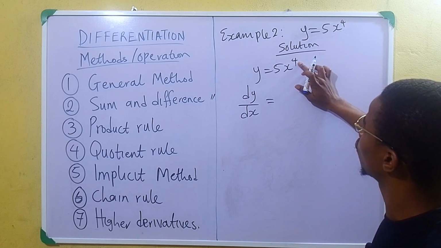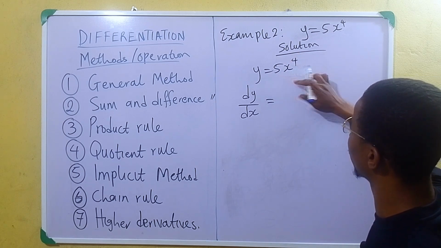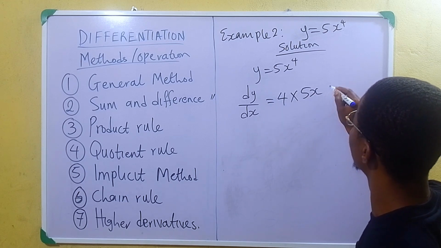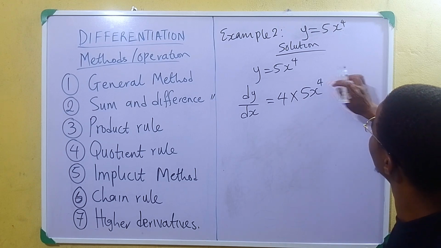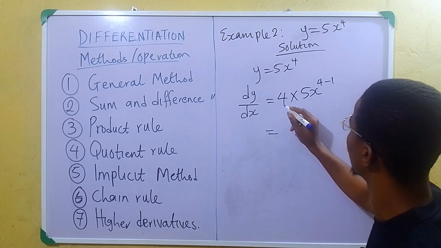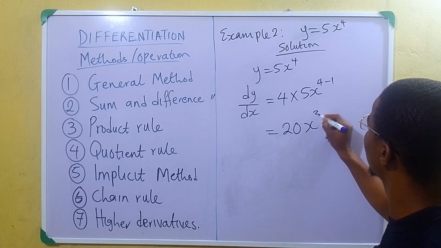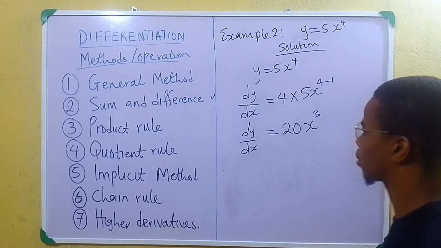The index will multiply the coefficient, the entire number down here. We say 4 times 5x raised to power what? 4 minus 1, we take away 1 from the index. So this becomes 4 times 5, 20x raised to power 3.